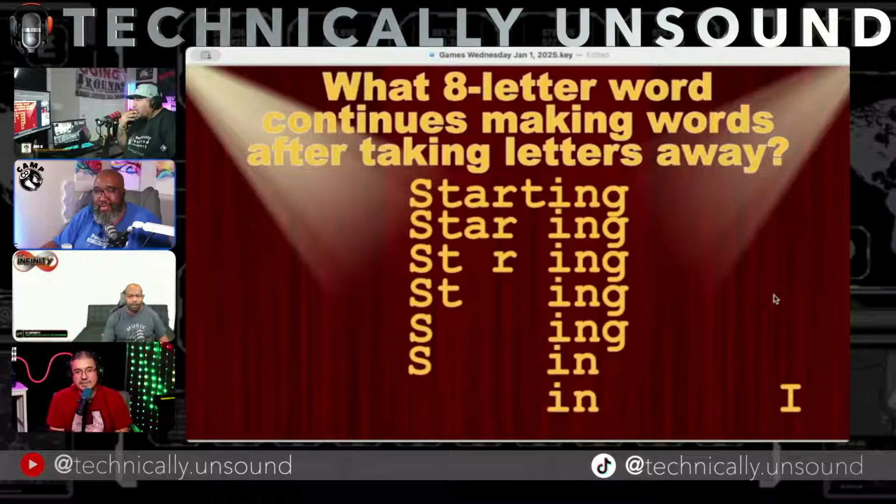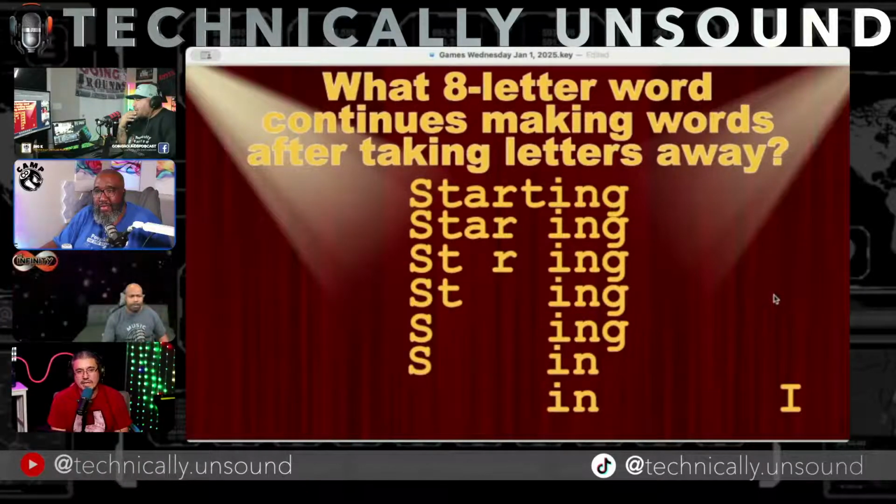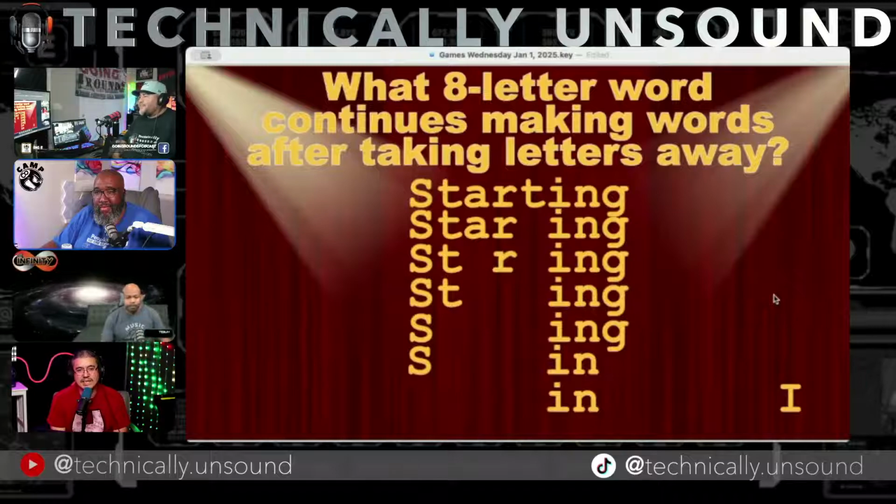So you take out the T in the middle and you get staring. Then you take out the A, you get string. Then you take out the R, you get sting. You take out the T, you get sing. You take out the G, you get sin. Take out the S, you get in. You take out the N, you got I.